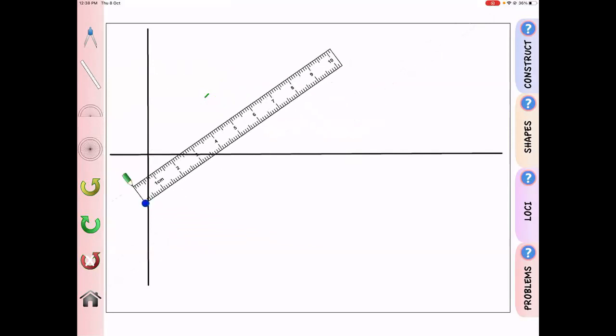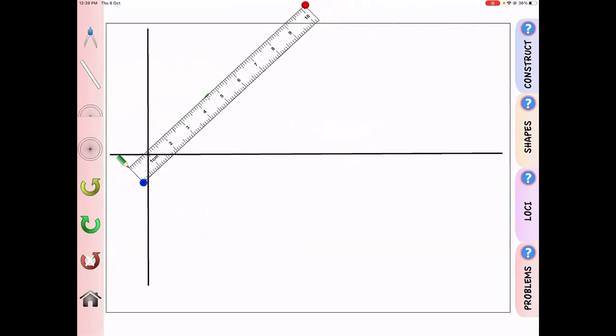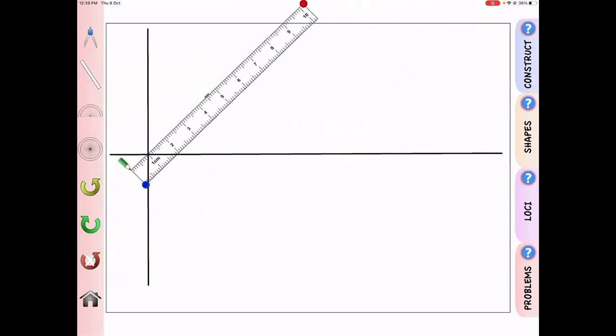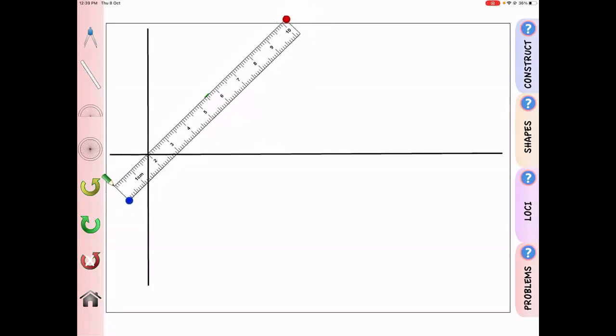So scale here, 30. This is the initial one.